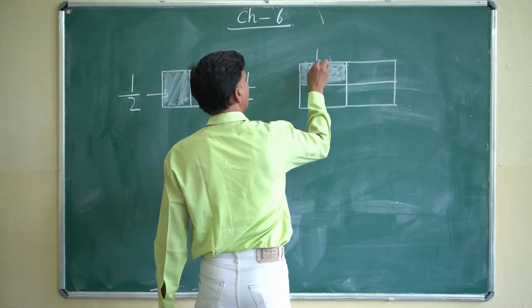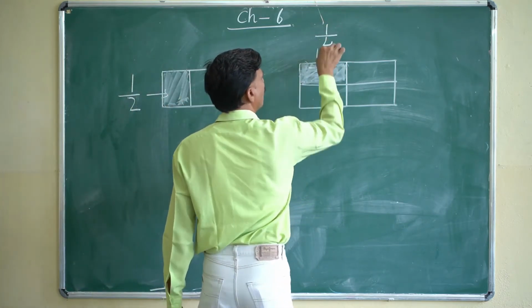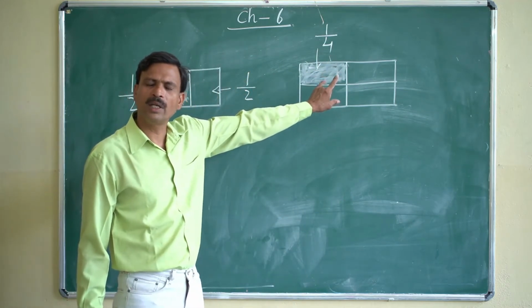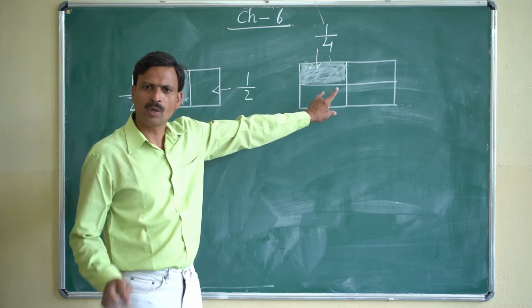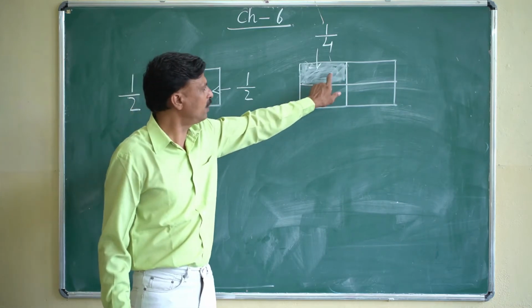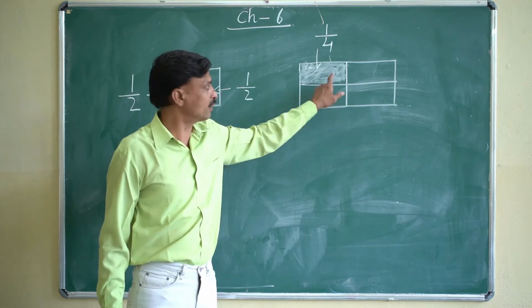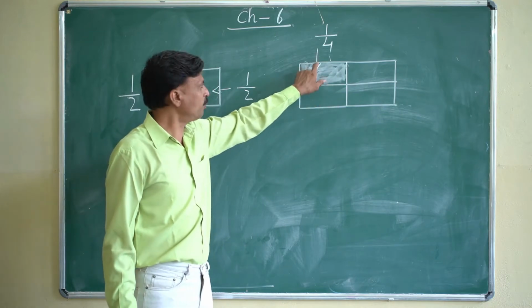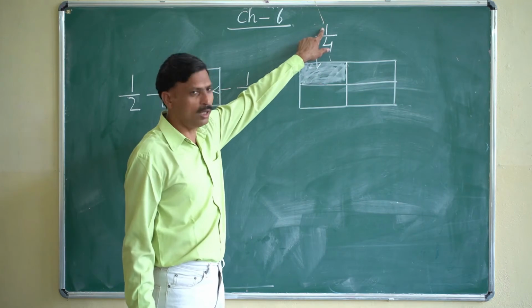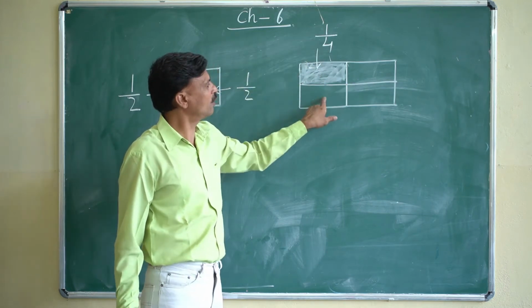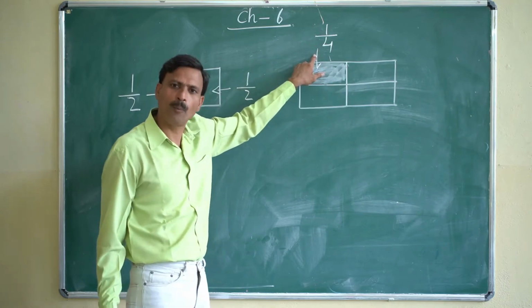It will be represented as 1 by 4. Why 1 by 4? Because in how many parts have you divided? You have divided in 4 parts. 1, 2, 3, 4. And you have shaded only one part. Okay? So shaded part is 1 only. Okay? And out of how many? 4. That's why it is written 1 by 4.